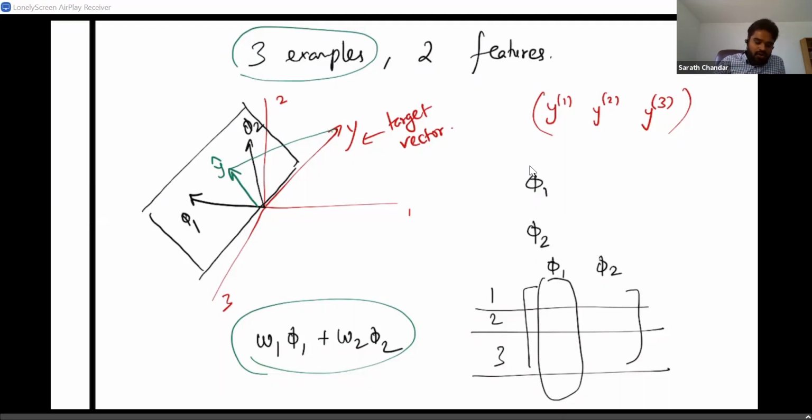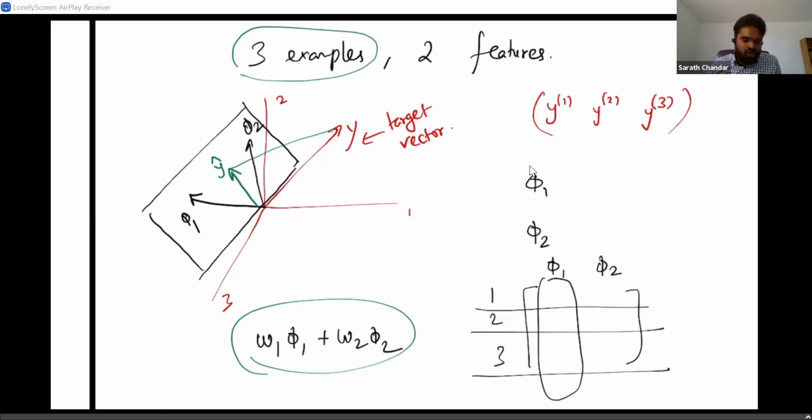From this picture, you can see that you clearly cannot get 0 error, because to get 0 error you need to reach this y vector, and it is not within this subspace. So the next question is, what is the minimum possible error one could achieve?